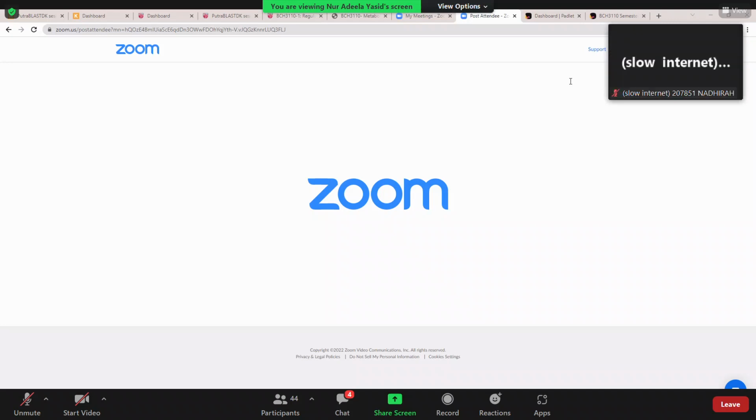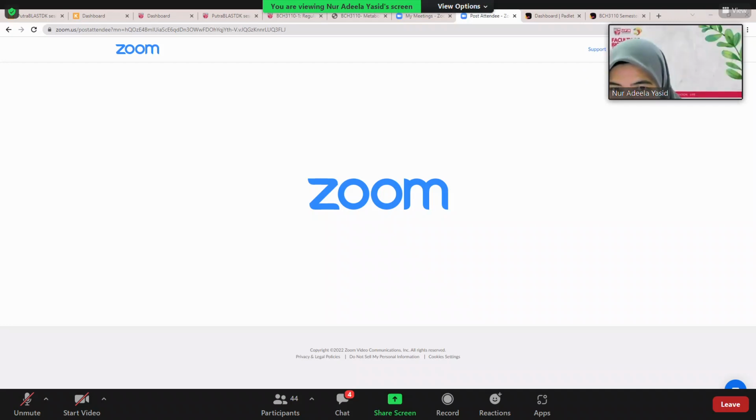Nampak Zoom. Okay. So macam mana saya nak stopkan saya punya screen sharing? Meeting controls. Okay, meeting controls. Kat mana saya nak buka?